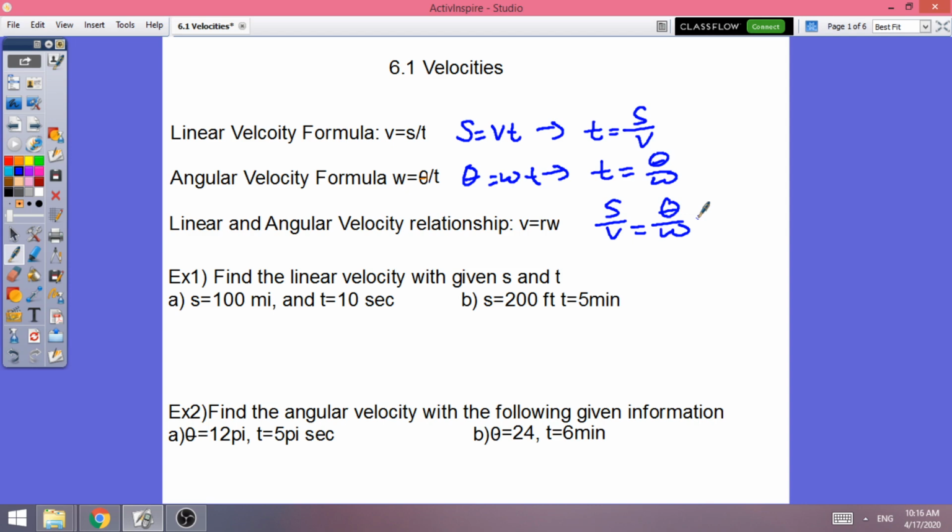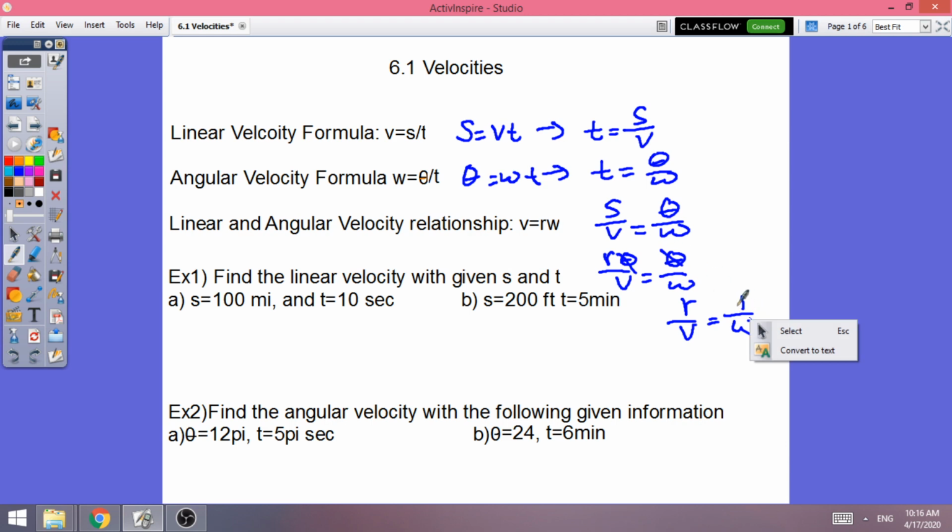Now we know that s is r times theta, from the formula we had in part 1 of section 6.1. So that equals theta over w. We can cancel theta on both sides, and we get r over v equals 1 over w.